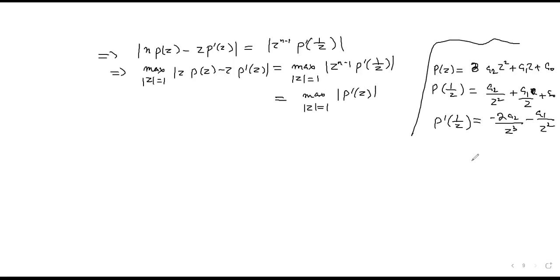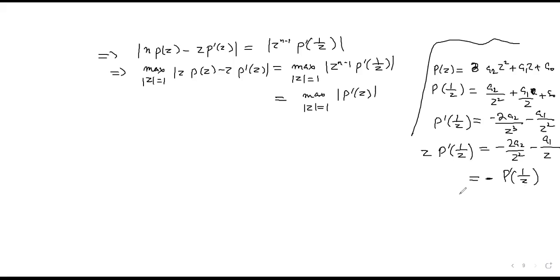Differentiate किया हमने. Okay, now what would be z? अब देखो z raised to n minus 1, क्योंकि p की डिग्री हमने सेकंड डिग्री ली थी. So if I multiply this by z, I would get minus twice a2 by z square minus a1 by z, which is equal to minus z p dash of 1 by z.